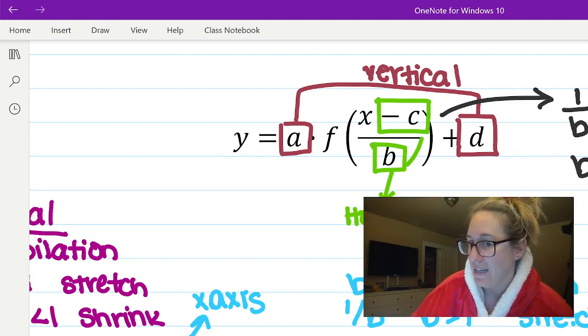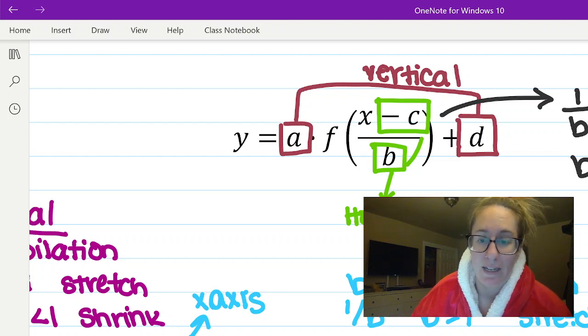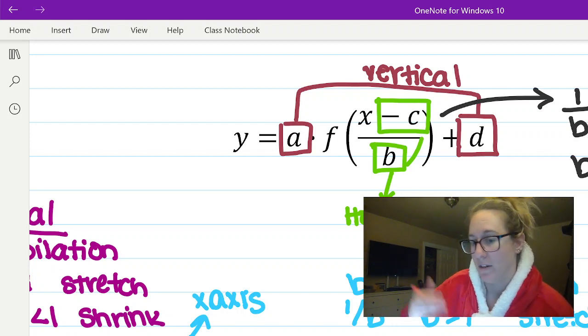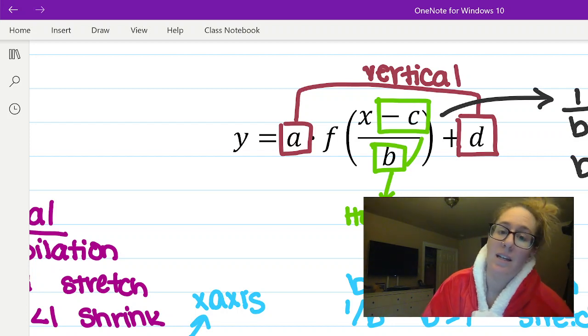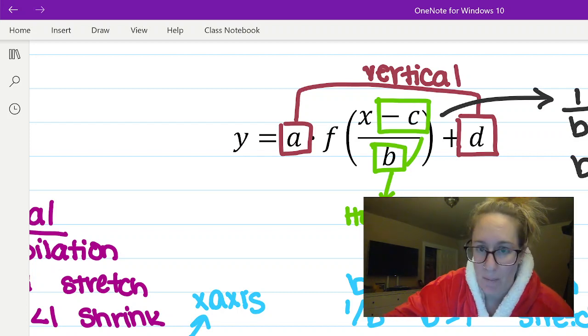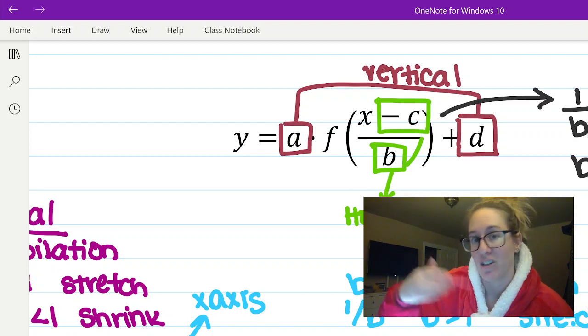So again, same kind of ideology with the dilation piece. It's the opposite of what you think, right? Normally you would think plus, you would be moving to the right, but since the equation itself has a minus, in order to get a plus, the c value you plugged in actually had to be negative.